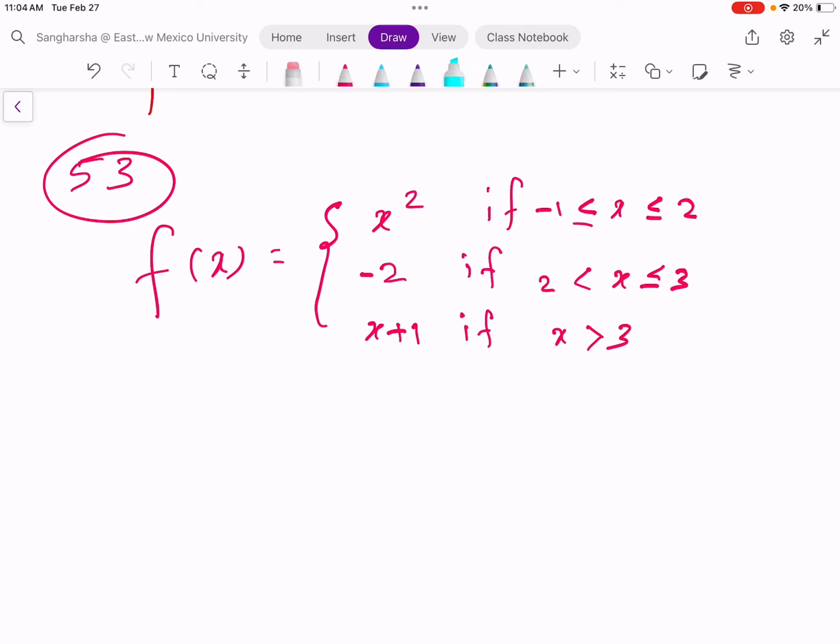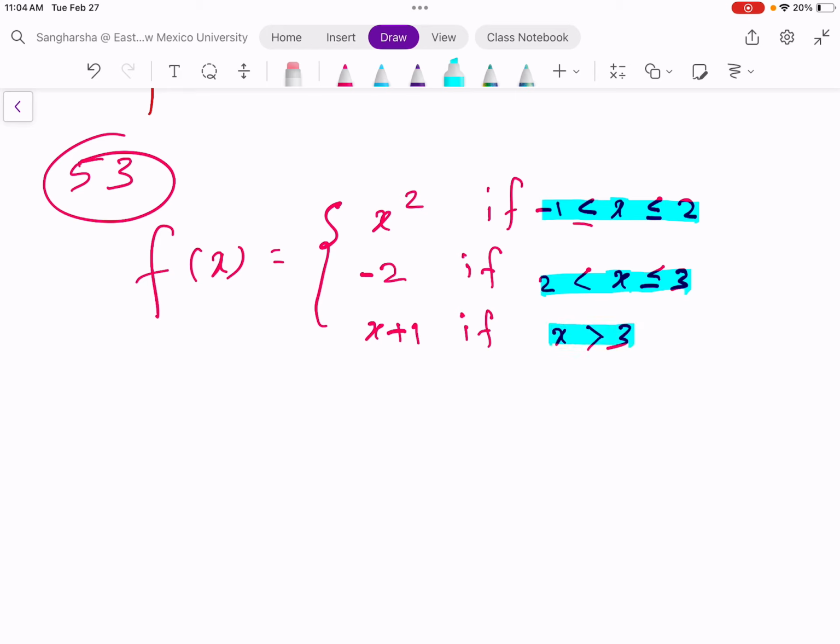So we have three different inputs here. The very first is x greater than or equal to -1 and less than or equal to 2. The next set of domain is x greater than 2 and less than or equal to 3. And the last one is input greater than 3.